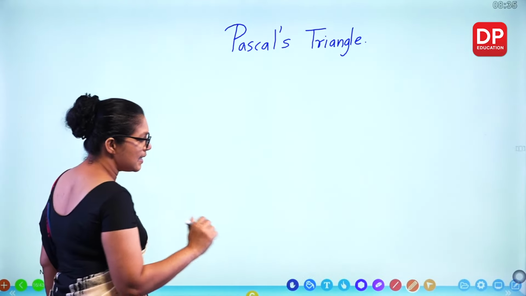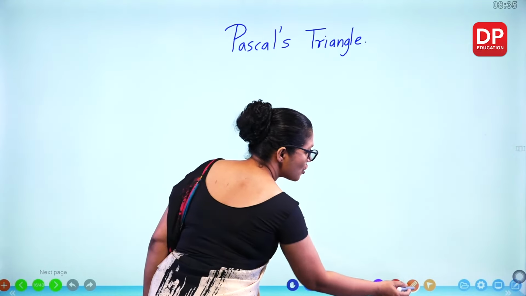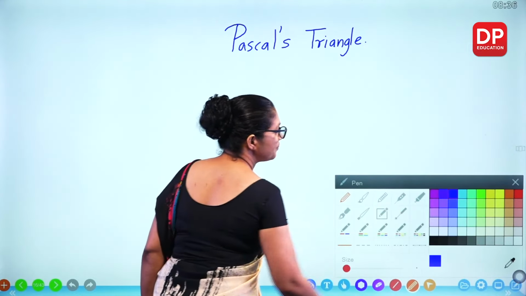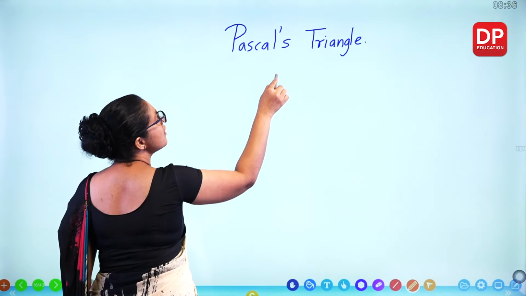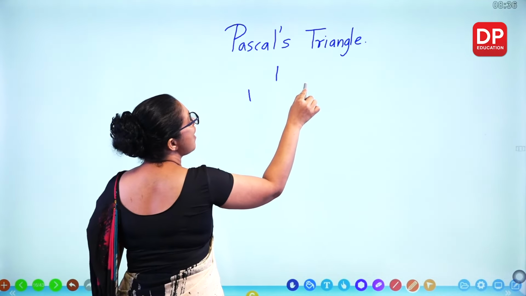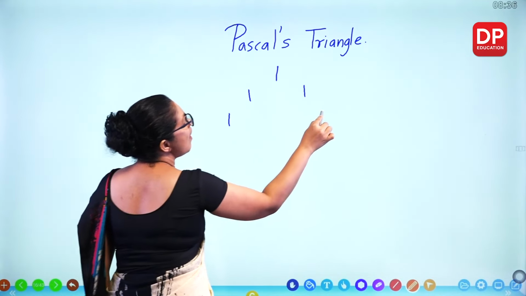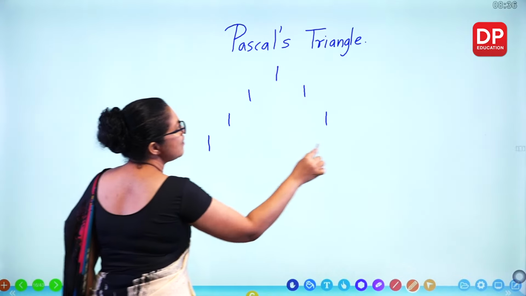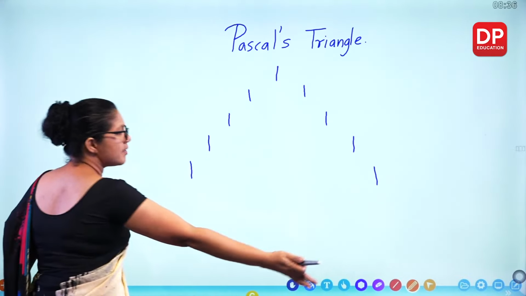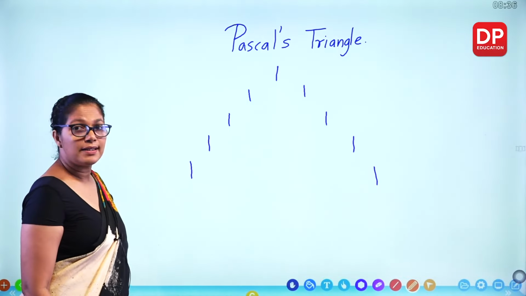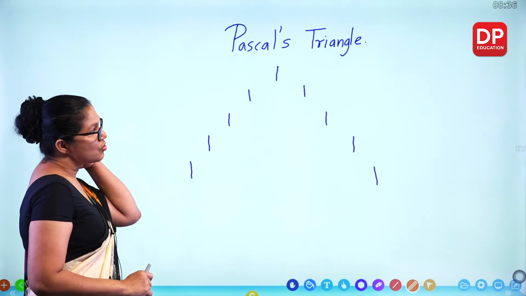So Pascal is one of the mathematicians found a pattern like this. So this is a triangle. So he created a triangle. All end values are ones. So you can make a big triangle. Then what happens to these numbers?